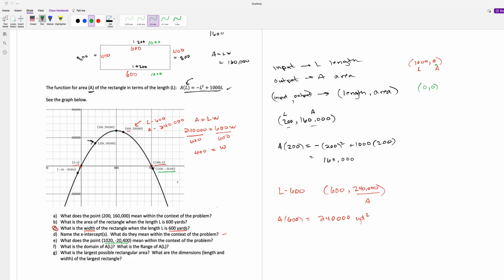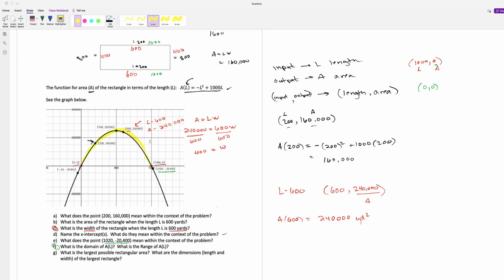So really, that points to this next question of part F, when we're talking about domain and range. When we're talking about domain, if it's without the context of this problem, we know that the domain of a quadratic function is all real numbers. But within the context of this problem, only specific input values make sense. So we're really focused on this piece of the graph.